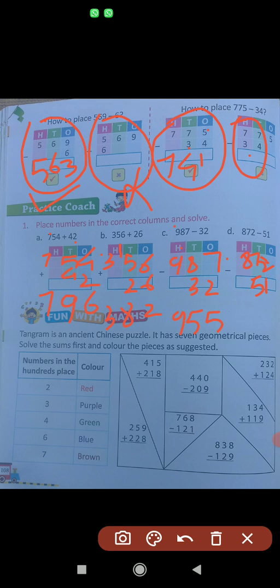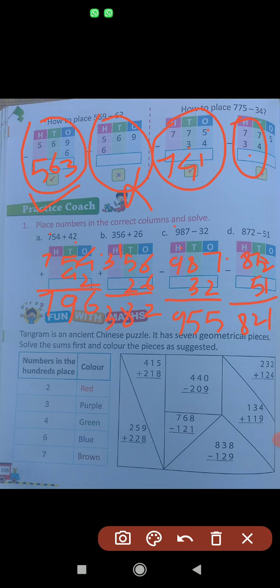Subtract 1 from 2. 2 minus 1 is equal to 1. And 7 minus 5 is equal to 2. And 8 will be in hundreds place. Answer is 872 minus 51 is equal to 821.